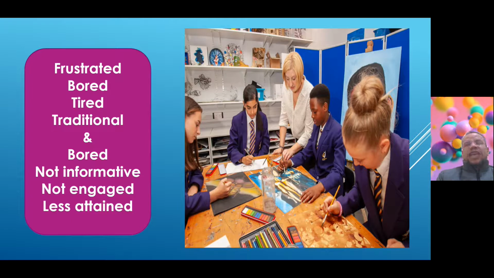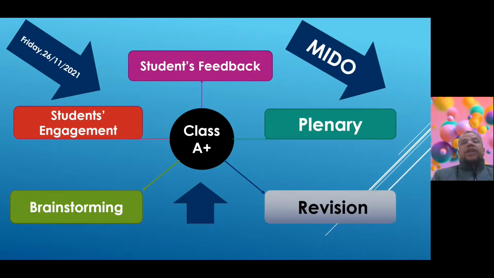Students were not engaged, they don't like the class and so on. So what will you do? This video will help you with the 5 strategies and 5 techniques. Easily and smoothly you will lead your class to A plus.